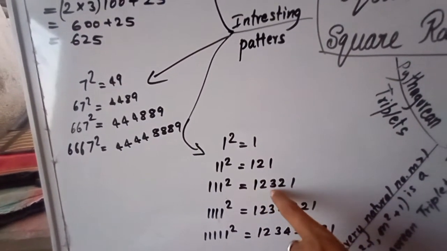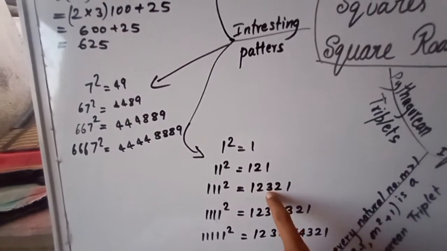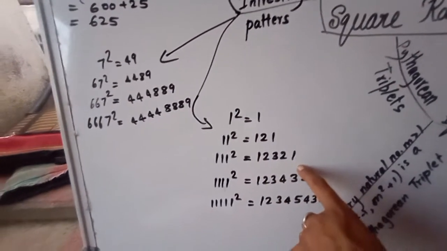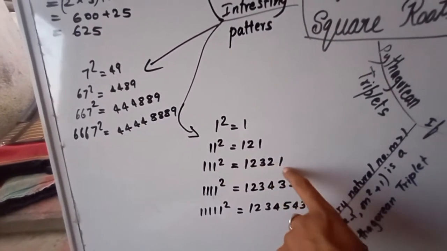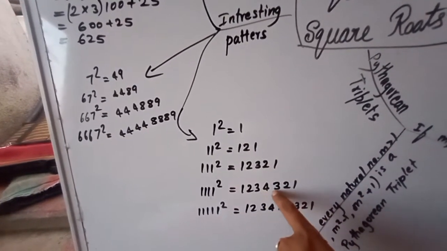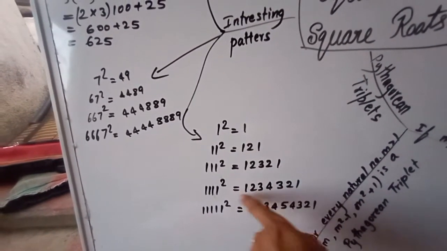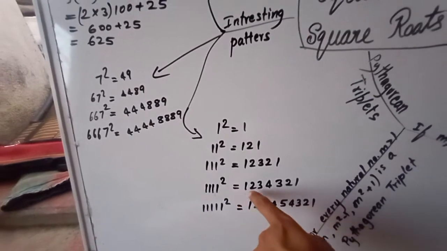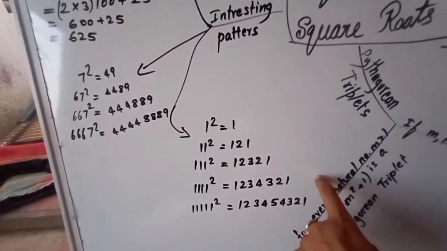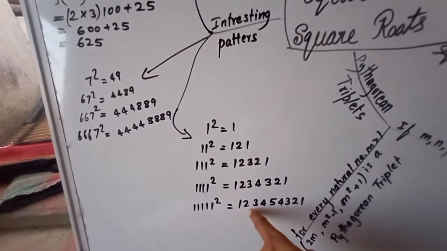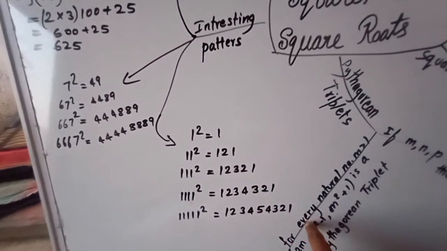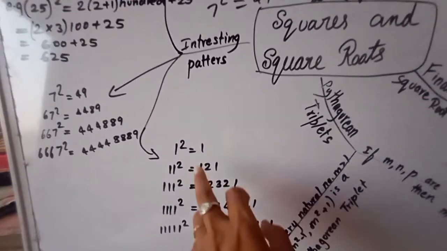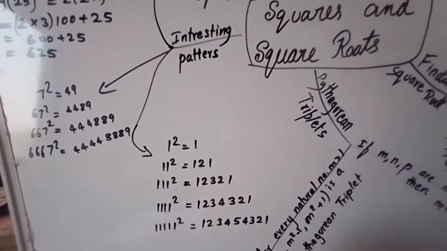In the same way, the middle number increases, going forward and backward: 1, 2, 3, 3, 2, 1. If we take 4 numbers, 1, 2, 3, 4, then backward. If we take 5, 1, 2, 3, 4, 5, then again we write backward. So these are the squares of such numbers.